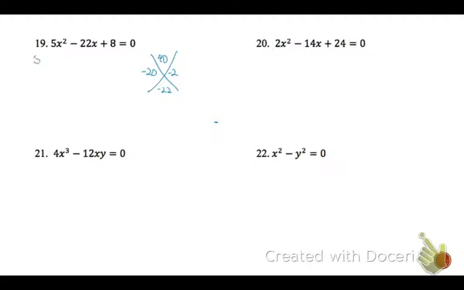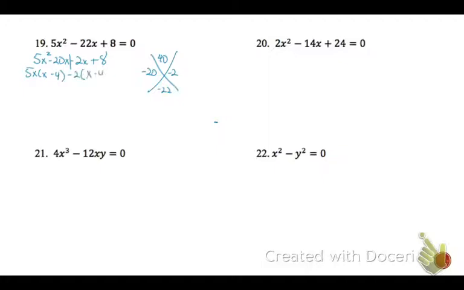So we're going to bring down the 5x squared. We're going to rewrite the negative 22x using 20 and 2. And then we're going to group the first two terms together and the last two. When we factor out a greatest common factor from our first two terms, it's 5x, and we're left with x minus 4.